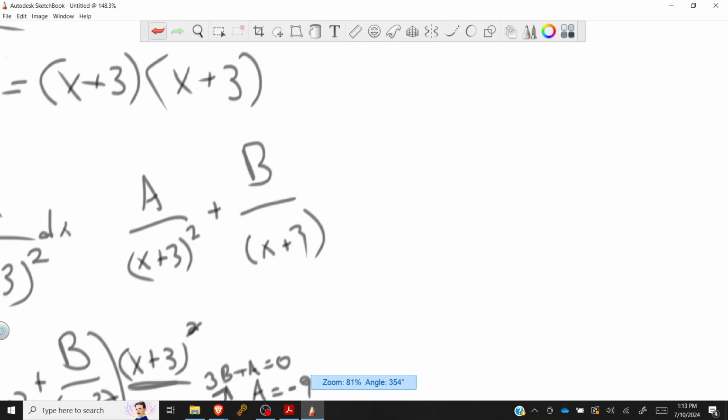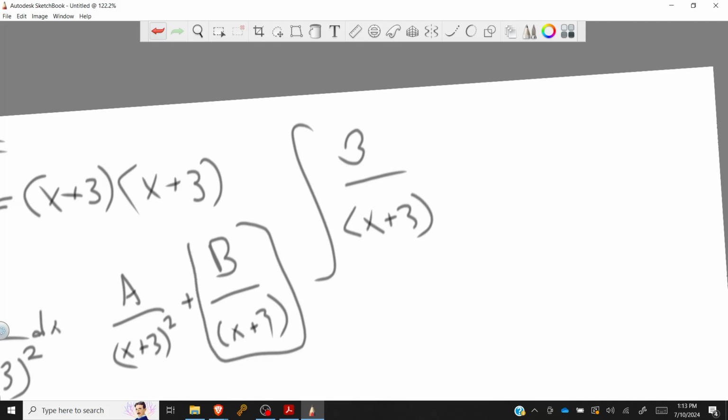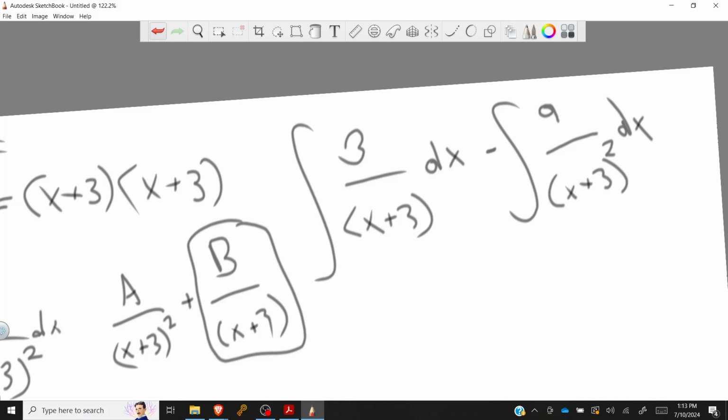So now we figured out what a and b are equal to. So we can rewrite this integral as the integral of 3 over x plus 3, right? That's this part, dx, minus 9 over x plus 3 squared dx.